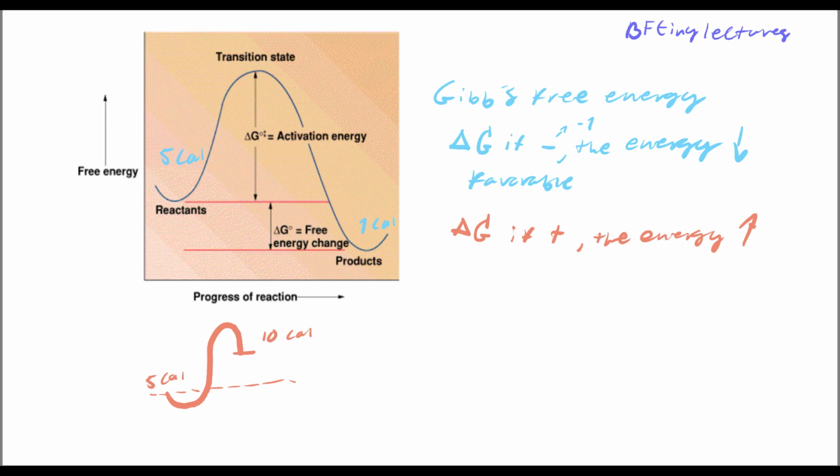So we have these cool words that we call these. If you lose energy, this is going to be what? Exergonic. This is exergonic, okay? Exer sounds like exit, so energy is exiting the system. Okay, so that's exergonic. And over here, we can also have endergonic. So ender sounds like enter, right? So endergonic means that you actually absorbed energy.